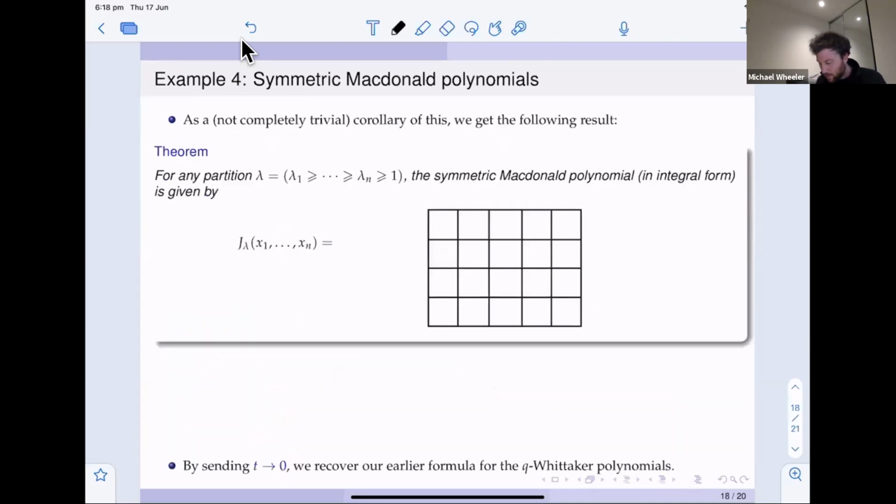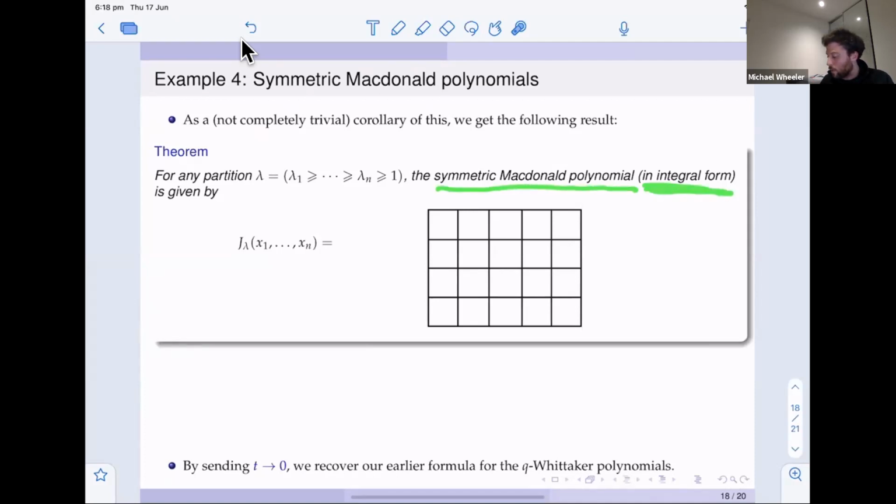Okay. So now let's head towards the end. So as a corollary of this, even though it's not completely trivial, you actually end up getting a formula now for the symmetric Macdonald polynomials. And one of the nice things about this fermionic presentation that we've given here is that the object that you get here is actually the symmetric Macdonald polynomial in the integral form.